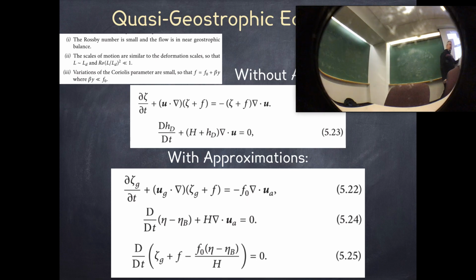And so Pedlosky writes beta y and throws out the f naught part, which is even weirder because it's saying that the biggest term is neglected, but it is neglected because it's constant. So it's all because it's inside this operation that they do this. And it's sort of tradition to throw those terms out. But if you want to understand why, it's hard.